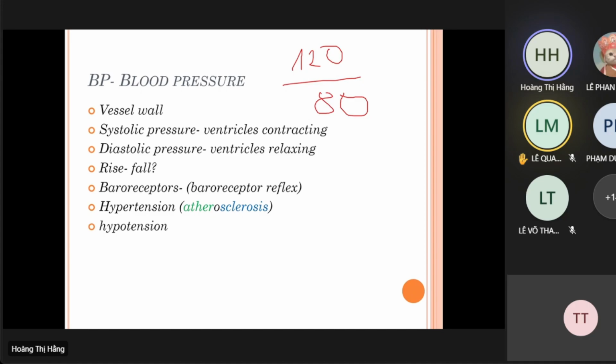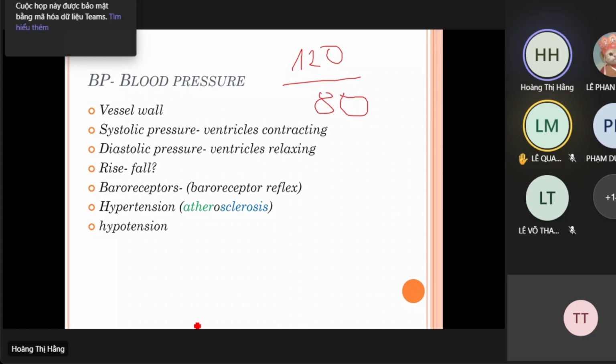Now, let's go on with the comprehension check. Các bạn ơi, có một cái bài khá là dài về blood pressure. Các bạn về nhà tự đọc cái bài này. Có thể là bài này sẽ lấy ra làm kiểm tra cuối khóa, cô không biết được. Kiểm tra cuối khóa những năm trước được thông báo là sẽ lấy một phần trong cái bài học của mình nha. Và được thiết kế câu hỏi lại.